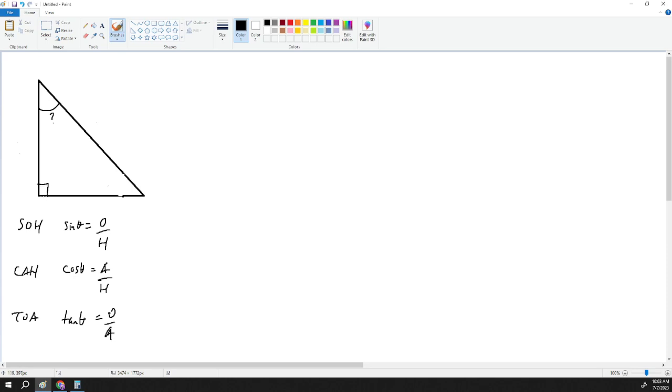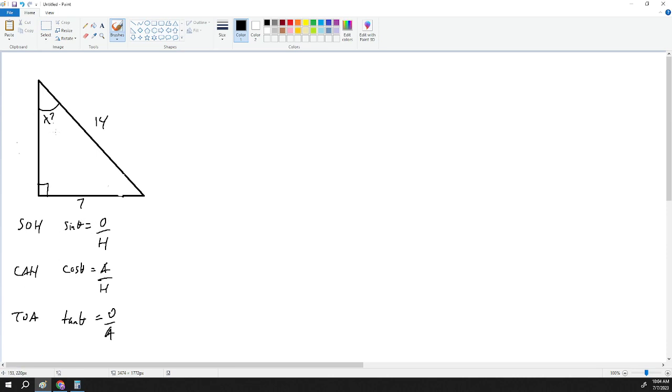Given the right triangle, let's say I have 7 here, and given this is 14, what is my angle x here? So same thing, we use SOHCAHTOA. What do you have?